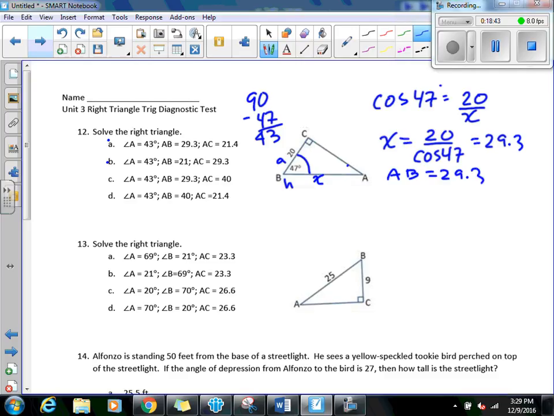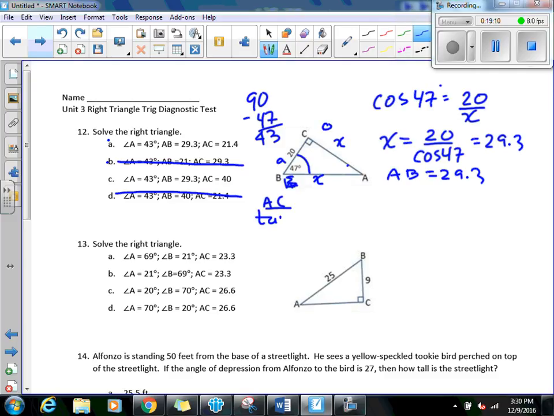All right, so can I eliminate anything? Oh, I sure can. I can eliminate 2 answers. So now I have to find AC to get my final answer. So now this is my new x. I'm not going to use this hypotenuse anymore. I'm going to use this, which is the opposite side.